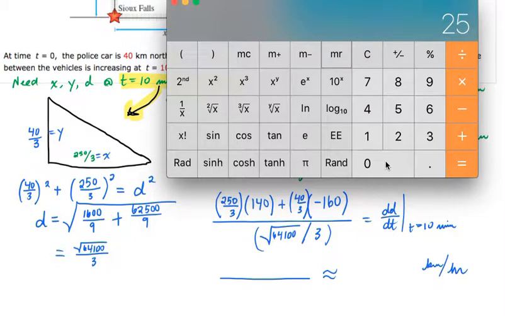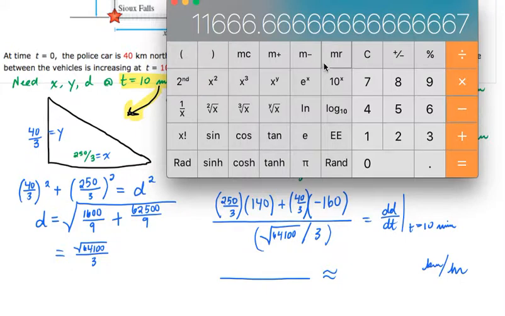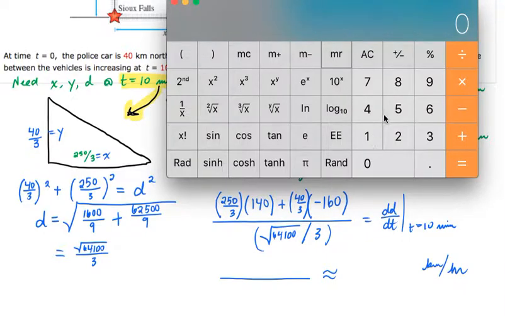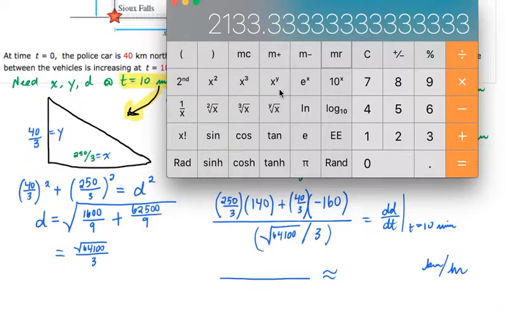So 250 right here times 140 over 3 is that number minus the number that I just stored a second ago. It's equal to that supposedly. Let's recheck that. 40 times 160 over 3 is 2133.